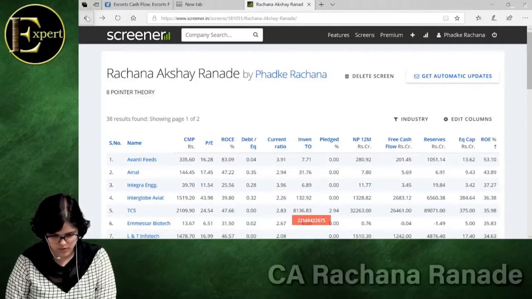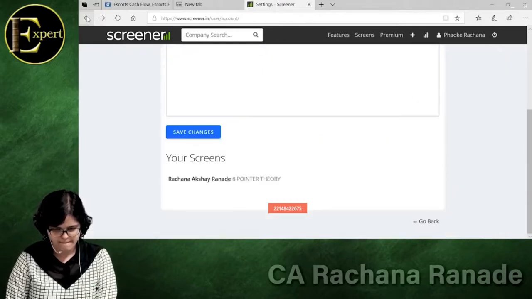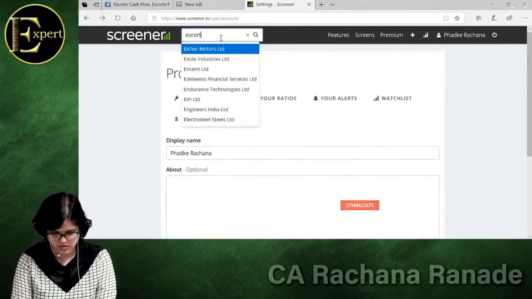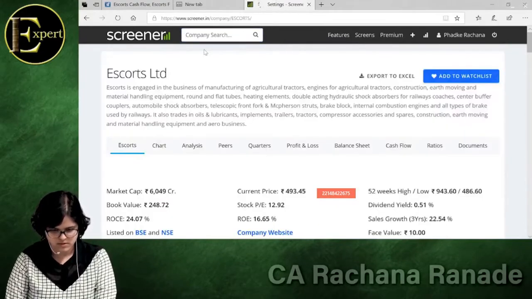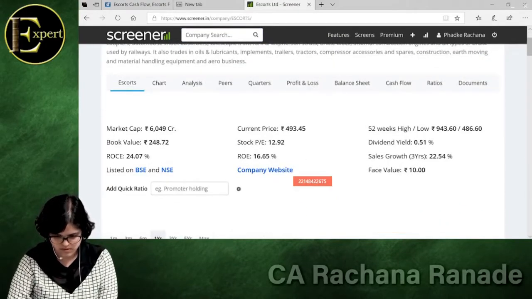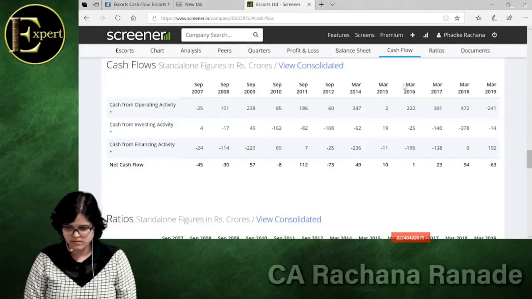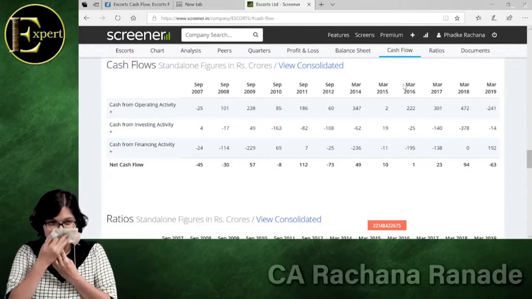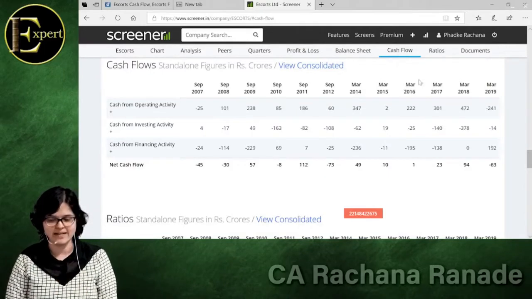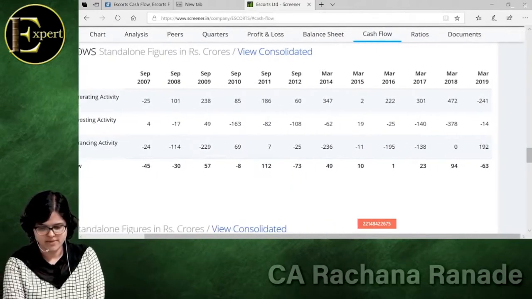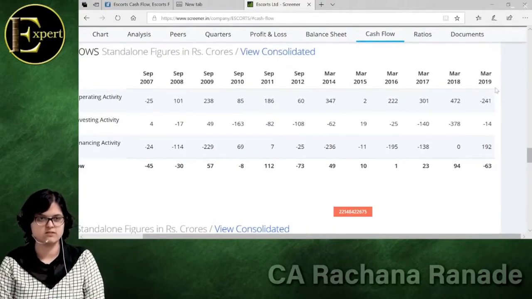Okay, we'll do one thing. We had Escorts, na? Wait. Escorts. Cash flow. Danger. Cash flow from operating activities is itself minus.